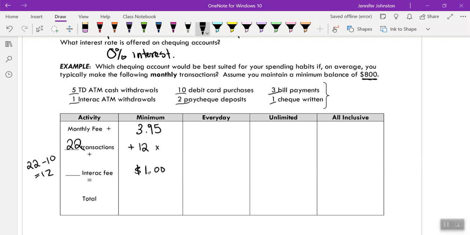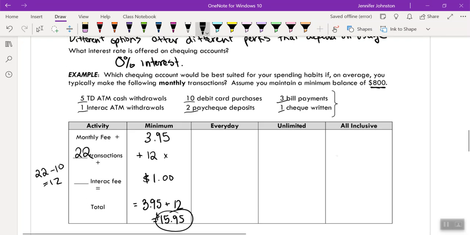We multiply that by the dollar, which gives us the $12. So really our total is $3.95 plus the $12, right? Which is $15.95 for that month. What about the everyday?